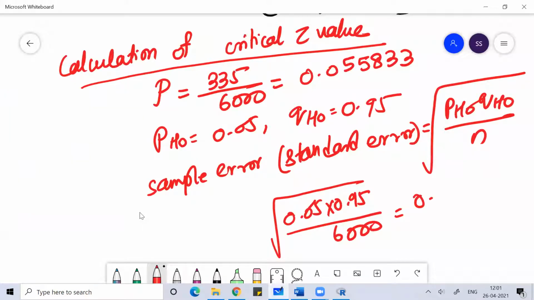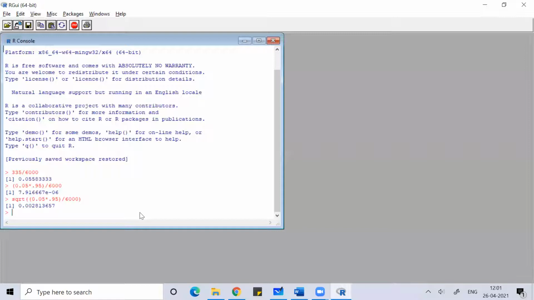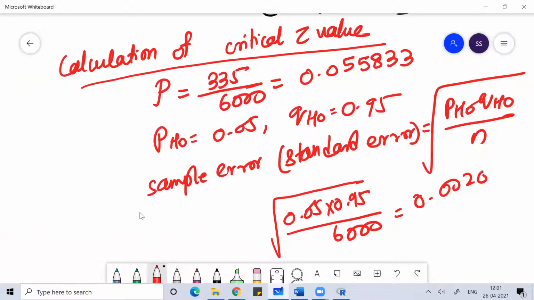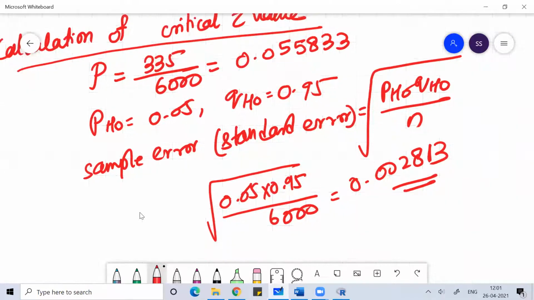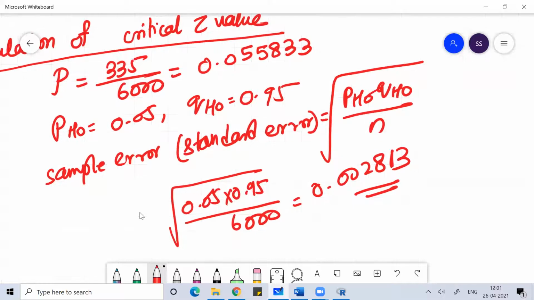That is the value of the standard error. You can do this calculation. One minute, let me confirm this.